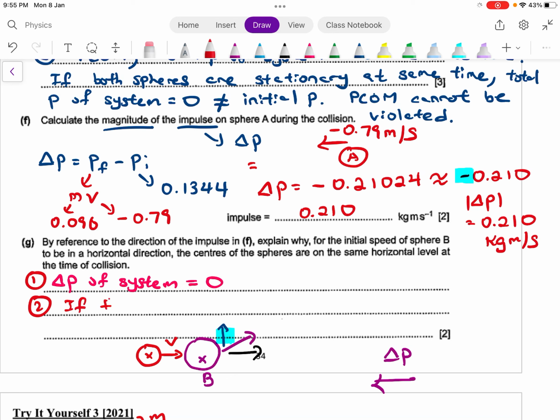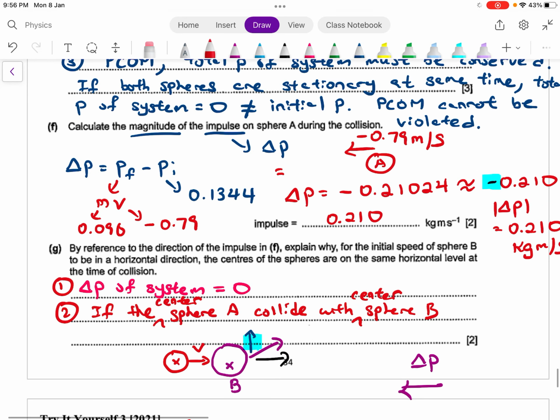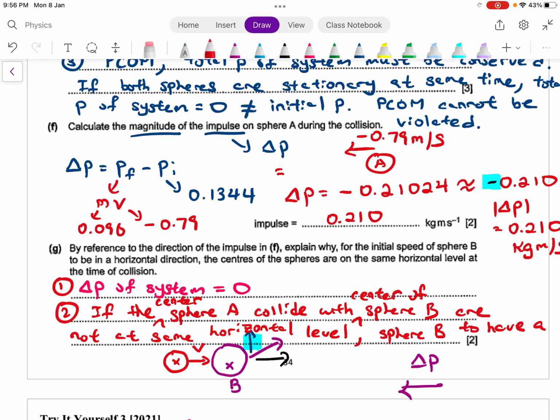If sphere A collides with sphere B, and the center of sphere A collides with sphere B with the center of sphere B not at the same horizontal level, this will cause sphere B to have a vertical momentum.